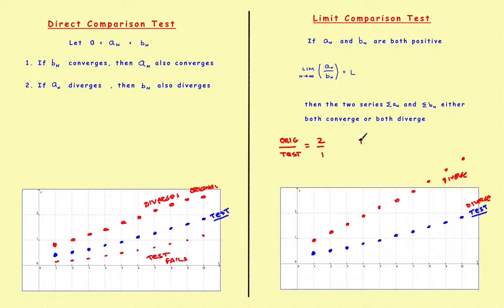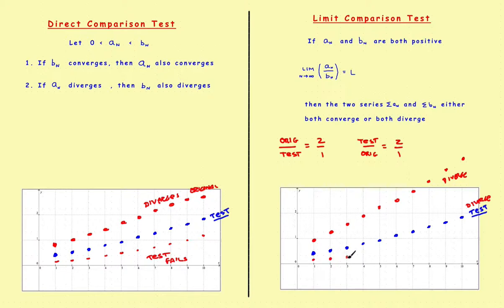If you were to switch this and put the test on top of the original, suppose again you got a 2 for 1. Then that means if the test one is a height of 2, the original one is a height of 1. In this case, each one of these would be 1/2.